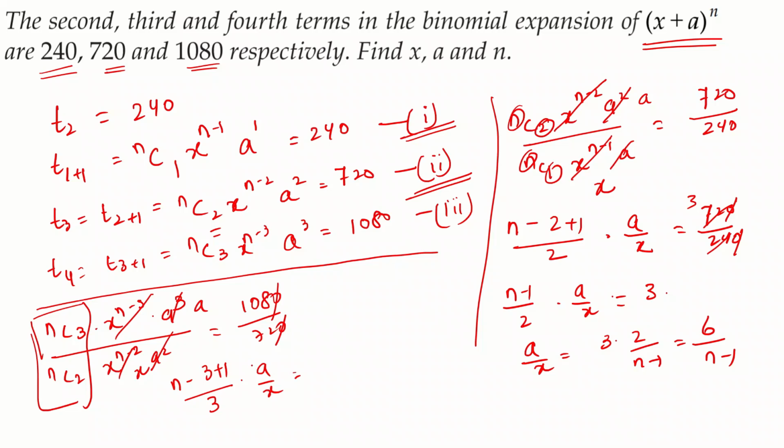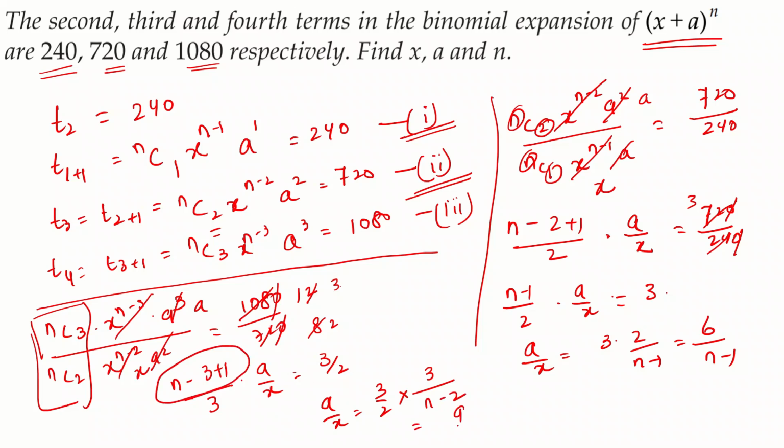I can simplify 108 by 72. 9 1s are 9, 9 2s are 18, 9 8s are 72, 4 2s are 8, 4 3s are 12. So it is 3 by 2. So again a by x is equal to 3 by 2 into 3 divided by n minus 2. n minus 3 plus 1 is n minus 2, and then I put it in the denominator. So I can write this as 9 by 2 into (n minus 2).